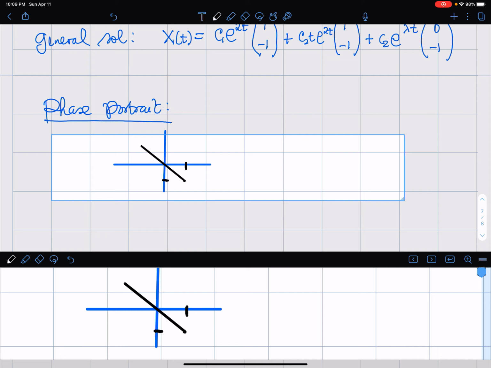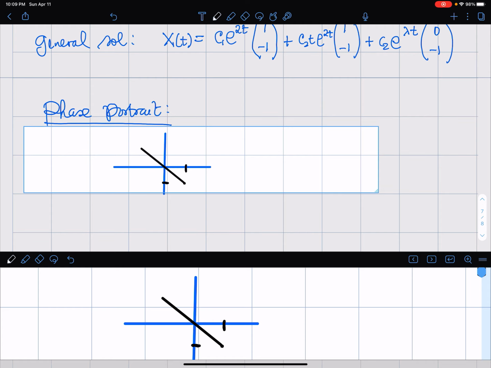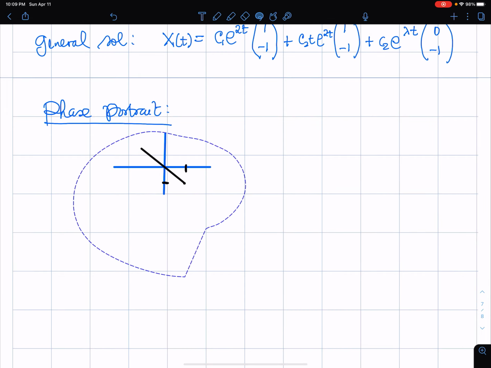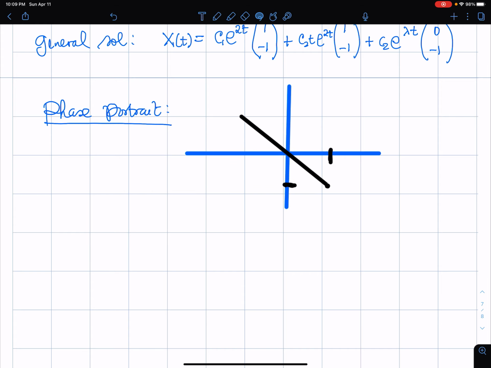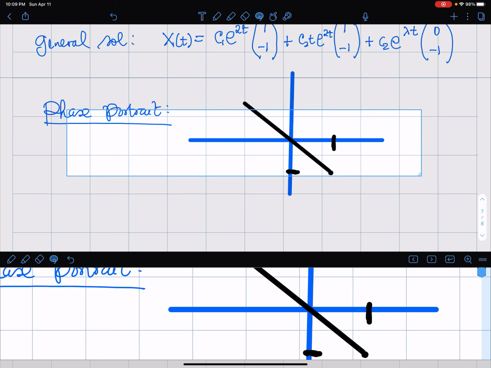And then we're going to do something because we have just one eigenvector. We have just one eigenvalue, and that eigenvalue is positive. Since it's positive, the trajectories are going to be pointing out this way.